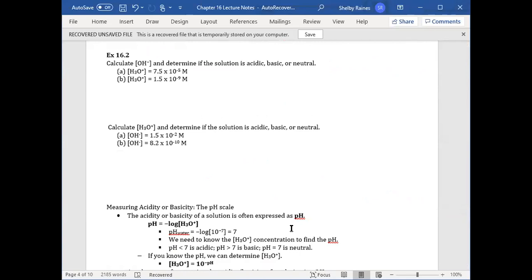Then in the next set of problems, part 2, you're given the hydroxide concentration, asked to find the hydrogen, and determine if acidic, basic, or neutral. For all of these, you're going to use that Kw equals 1 times 10 to the negative 14.